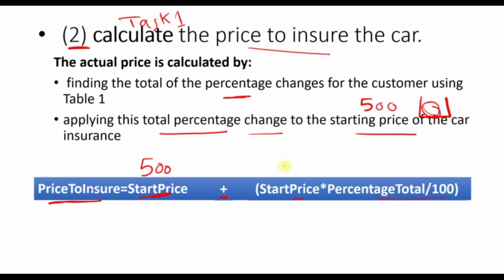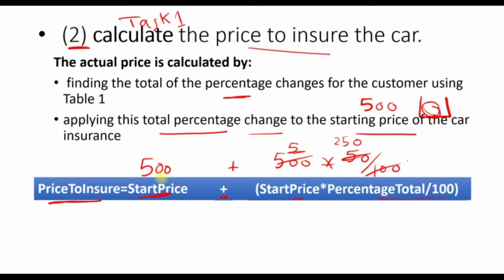Okay, let's say it will be plus 500 multiplied by let's say the total was 50 over 100. How to do this? The value here is 5. Okay, 5 times 5 is 25, so 0.